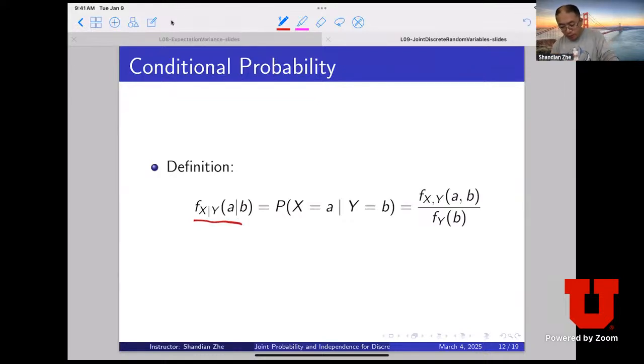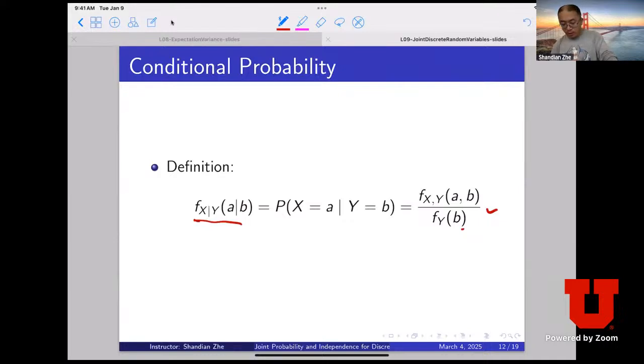The conditional probability of X conditioned on Y, when Y takes B and X takes A, is defined as the joint density function of X and Y at A and B divided by the marginal density of Y at B.